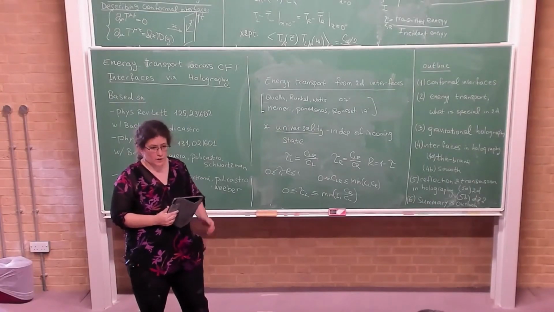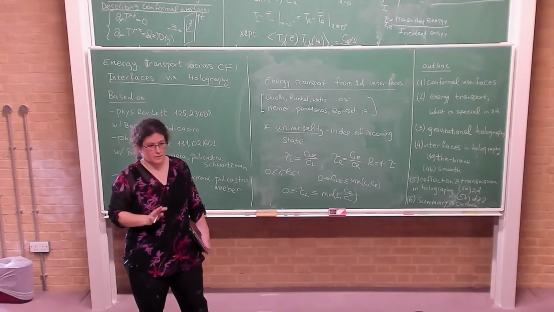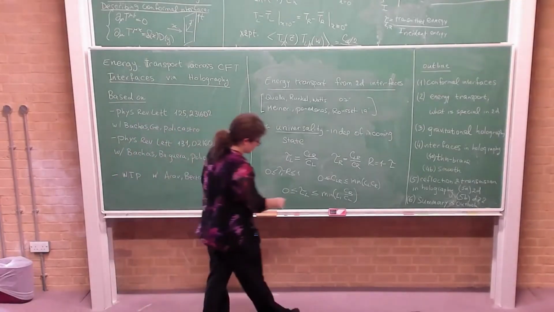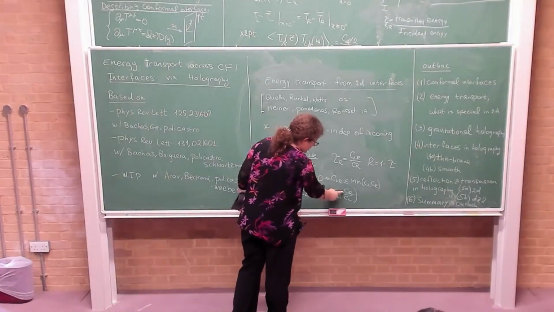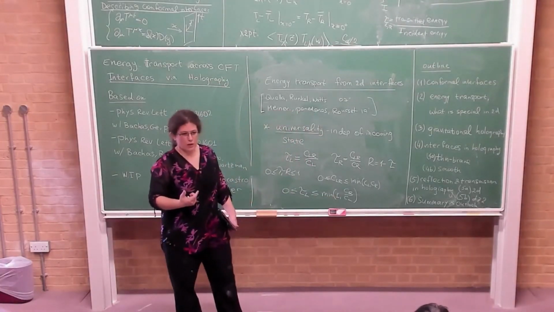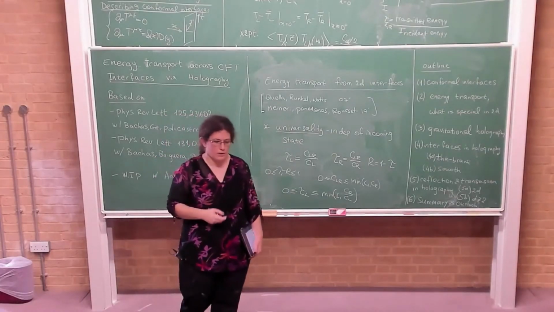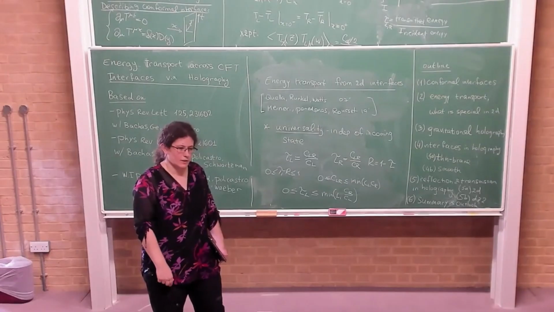So it can happen. You can definitely have perfect transmission when you have two identical CFTs, because then, yeah. When the right and left have the same central charge, in a sense, the same number of degrees of freedom. Homogeneous CFT stacking with another one.